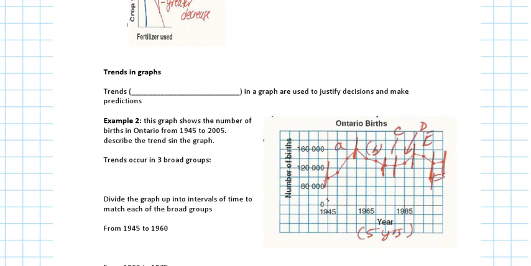So trends in graphs are useful. They are used to track or to justify decisions and make predictions, right? So trends, which are patterns of change.